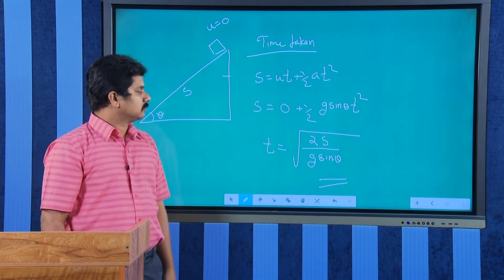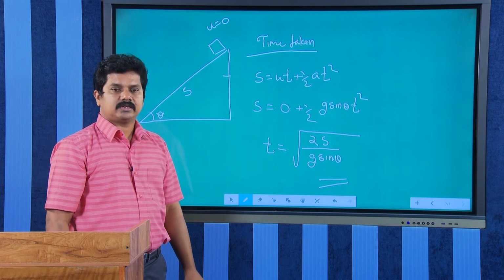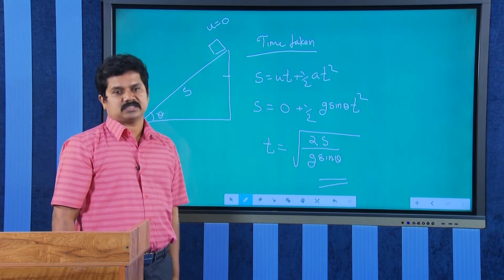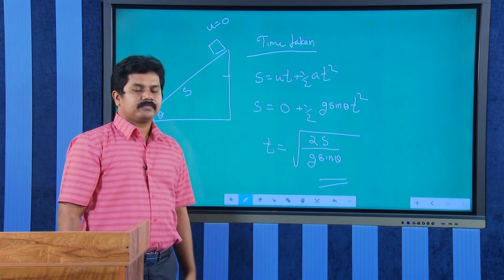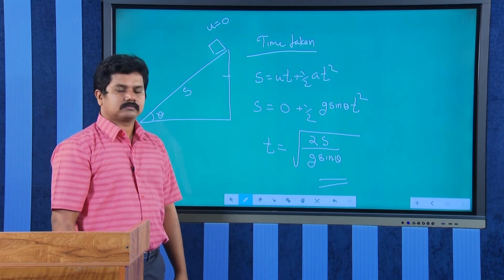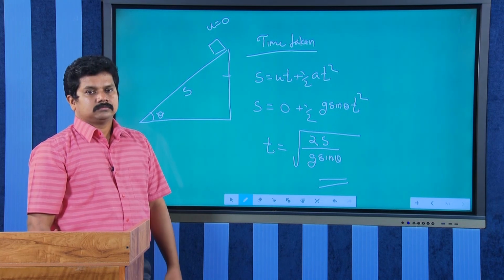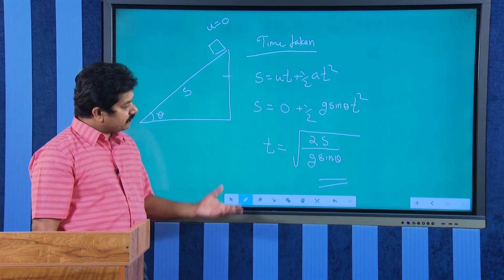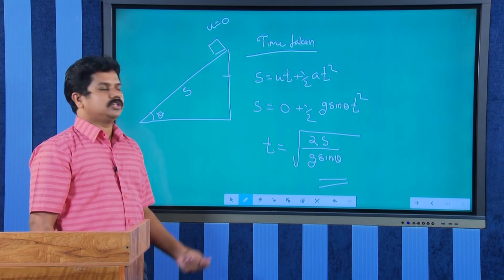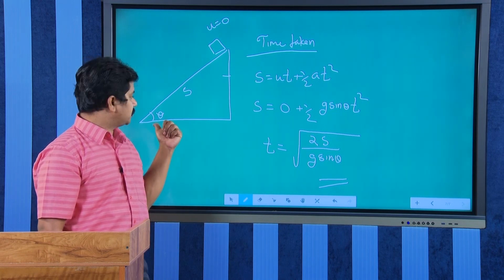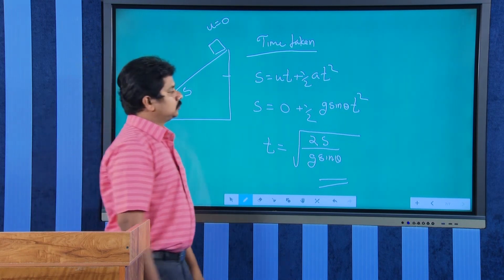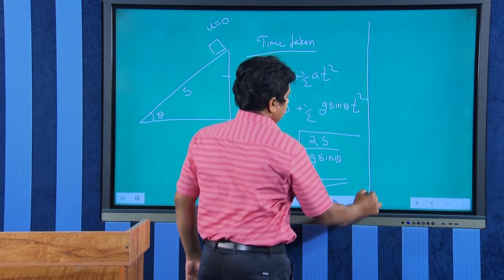Okay. Root of 2 s by g sin theta, where g sin theta is the acceleration. In the same way, we can find the velocity of the block while reaching the bottom. So, how do we find the velocity?